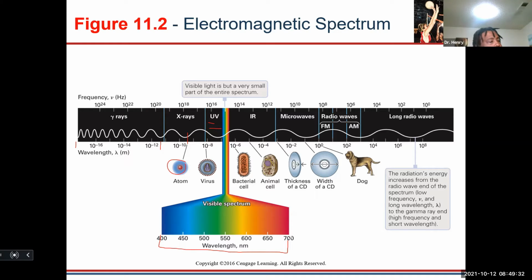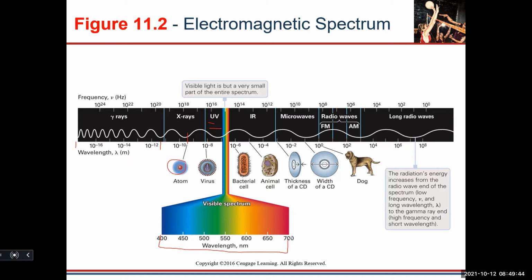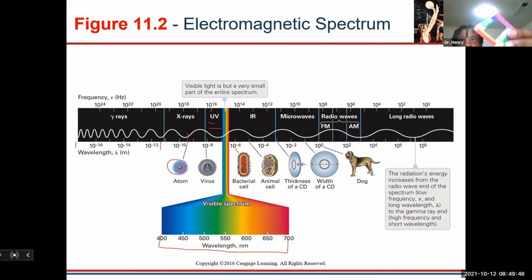For this week, you're going to need your black paper for your lab. You're going to need your diffraction slide. If you have your diffraction slide, hold it up to the light. Don't look directly at the light, look towards the side, because then you'll see a nice little spectrum.